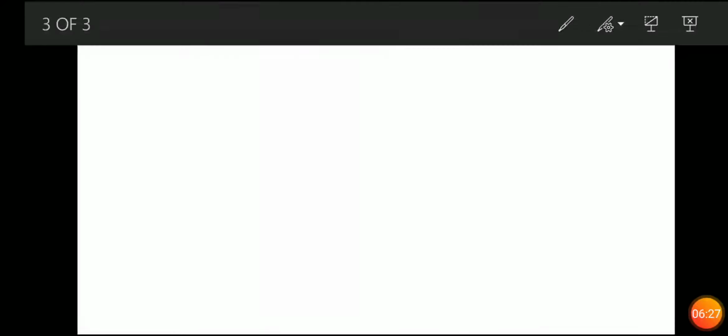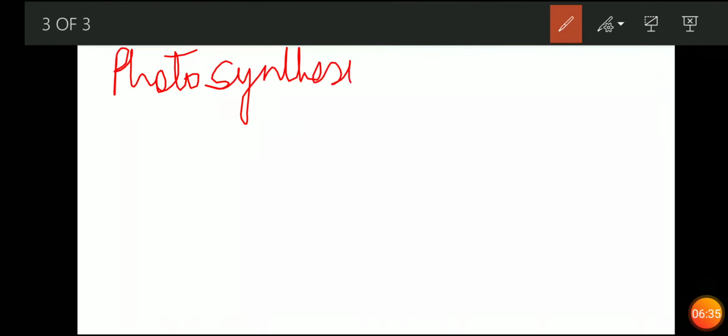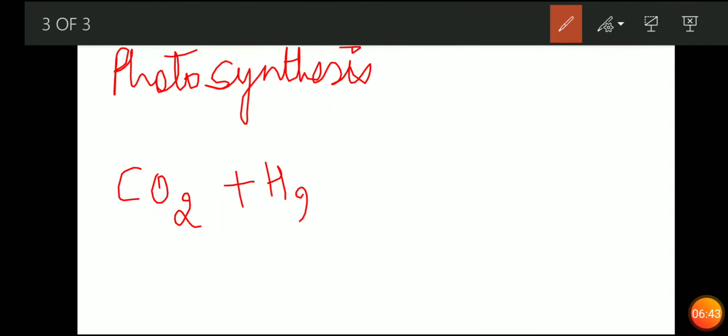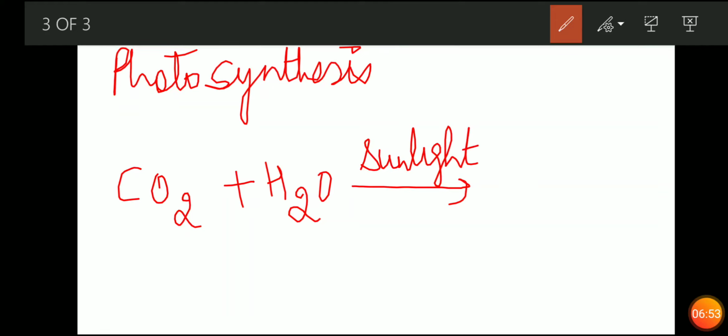Now the next reaction is your photosynthesis reaction. Photosynthesis is when the plants use carbon dioxide plus water in the presence of sunlight and chlorophyll molecule.